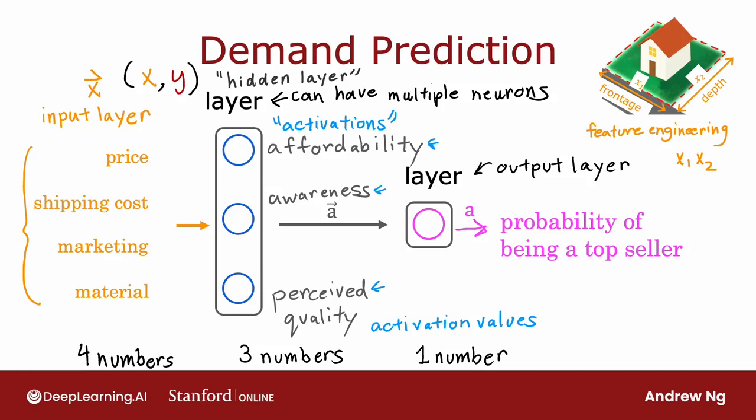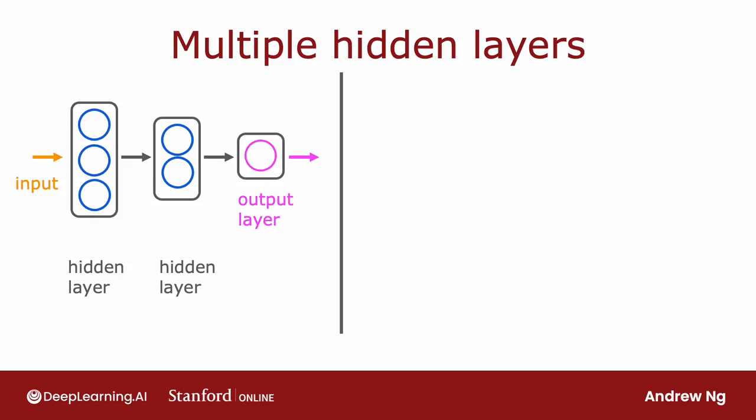So you've seen here one example of a neural network, and this neural network has a single layer that is a hidden layer. Let's take a look at some other examples of neural networks, specifically examples with more than one hidden layer. Here's an example. This neural network has an input feature vector x that is fed to one hidden layer, and I'm going to call this the first hidden layer.